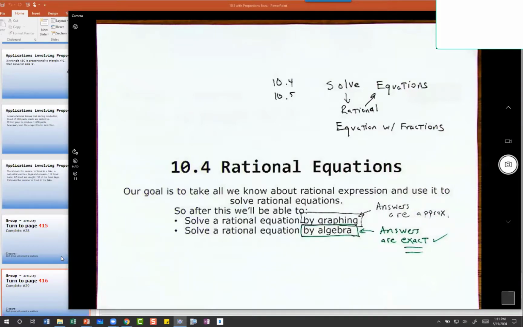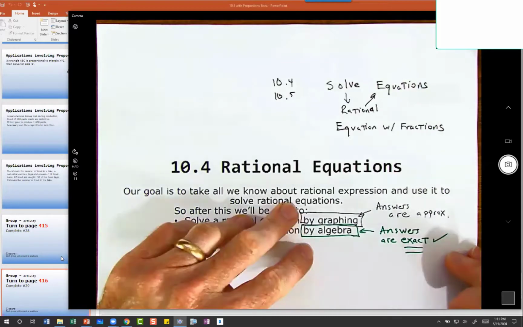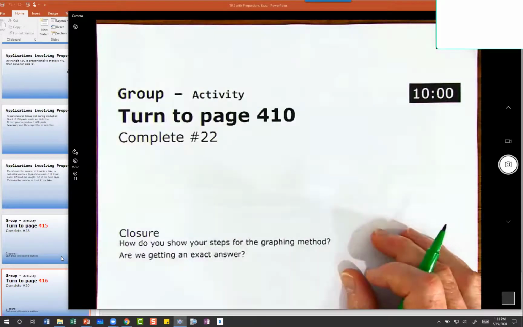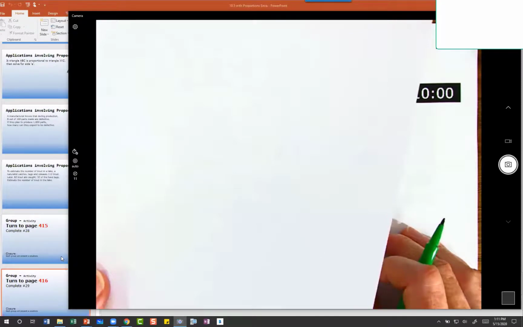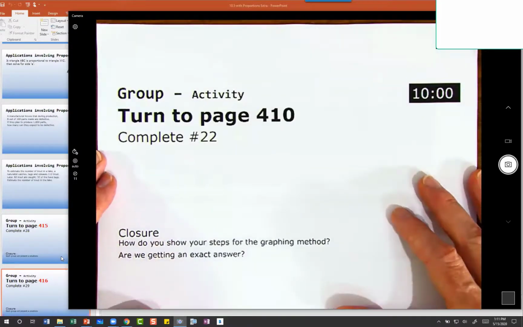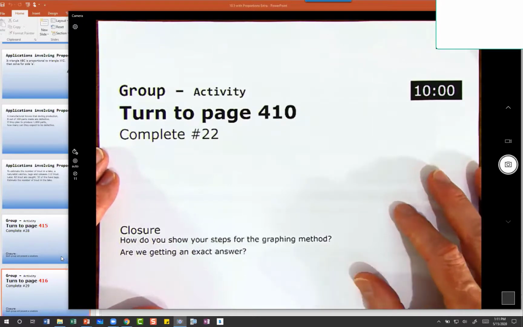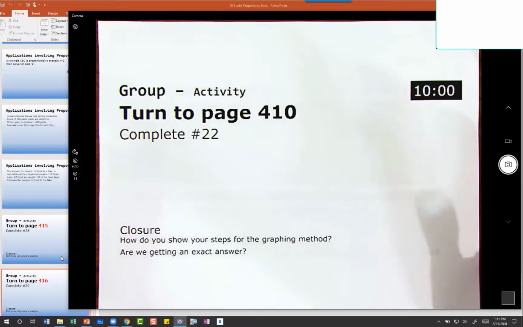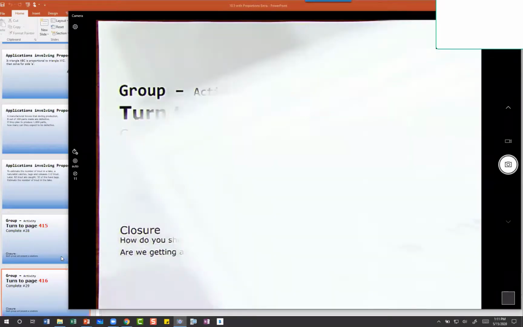So let's turn in your book. I want you to go to page 410, number 22. And, oh no, pause, stop the show. I forgot something important.